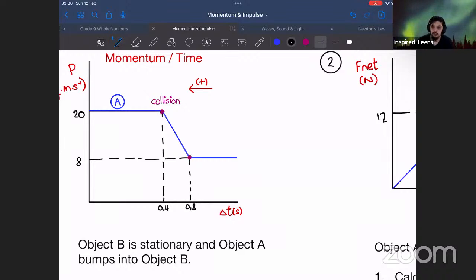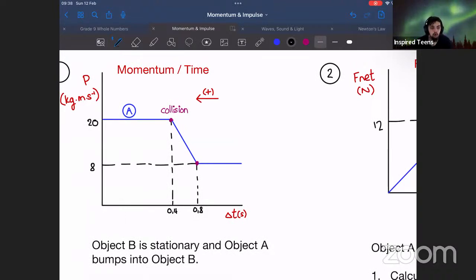Okay. How did we get the time? So the time we got, because we are considering contact time, is the time of collision. So it's between here and here, between 0.4 and 0.8. So we said 0.8 minus 0.4, and that's how we got the contact time of 0.4.